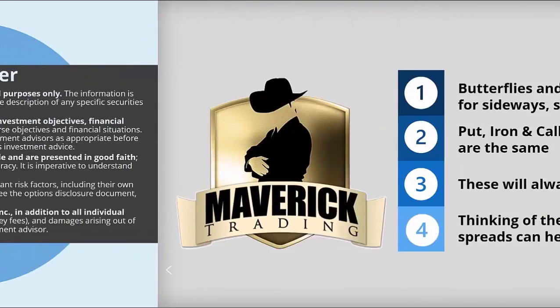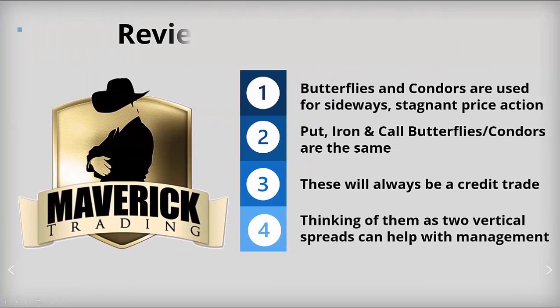So coming back here to tie a ribbon on this, butterflies and condors are used for sideways, stagnant price action. The put, iron, call butterfly and condor create the same risk and reward, right? Whether you use one butterfly or another, whether you use one style of condor, if you put them on at the same expirations and same strikes, it's going to create the same risk and reward.